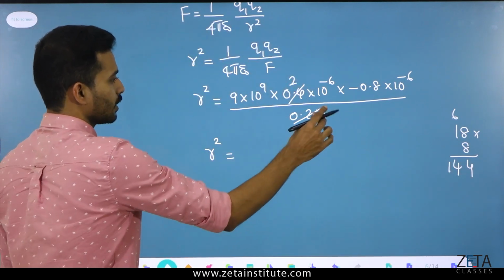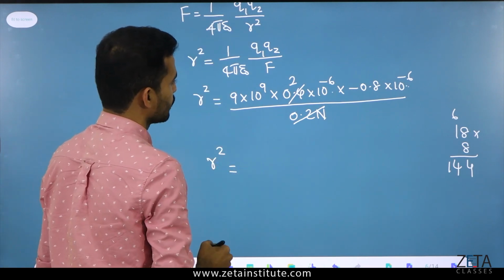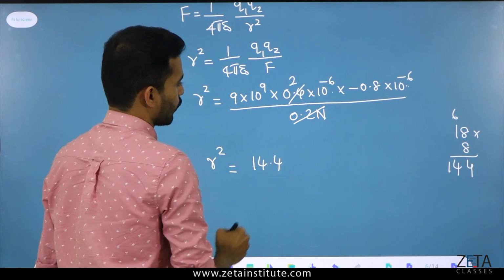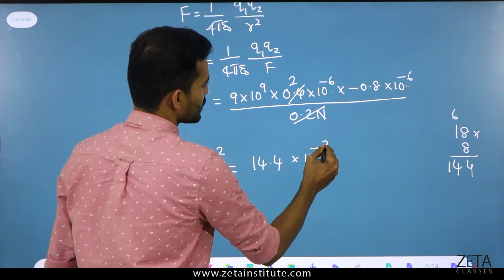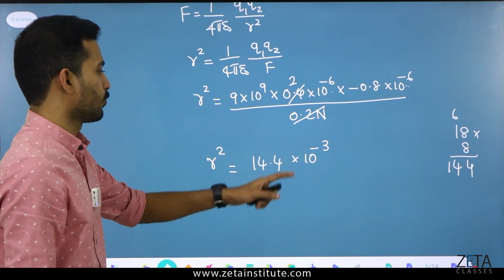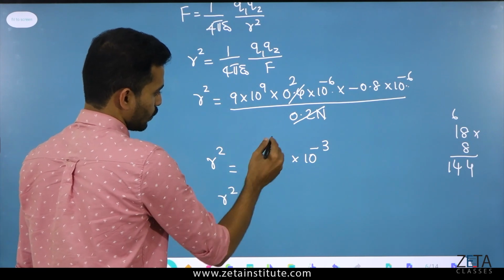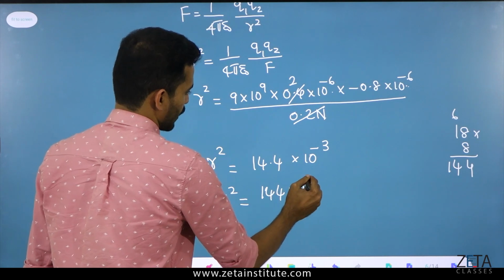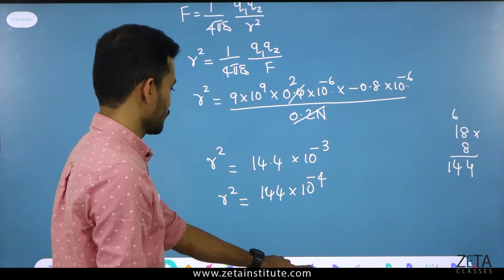So what is the answer? That is R square is equal to 14.4 into 10 raised to minus 3. We can write it like this: R square is equal to 144 into 10 raised to minus 4.